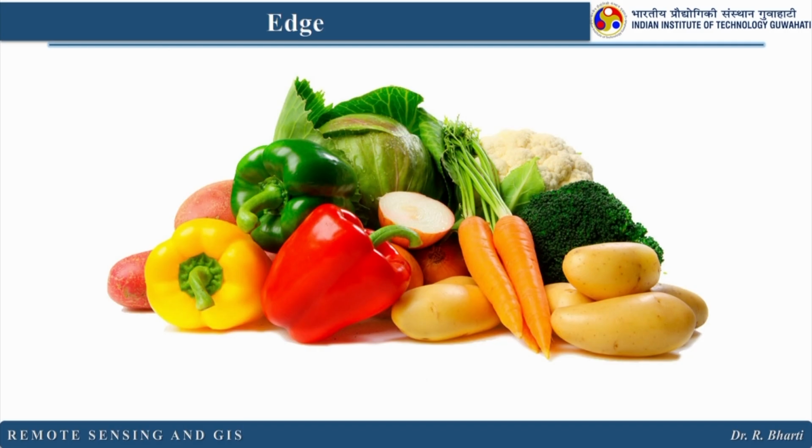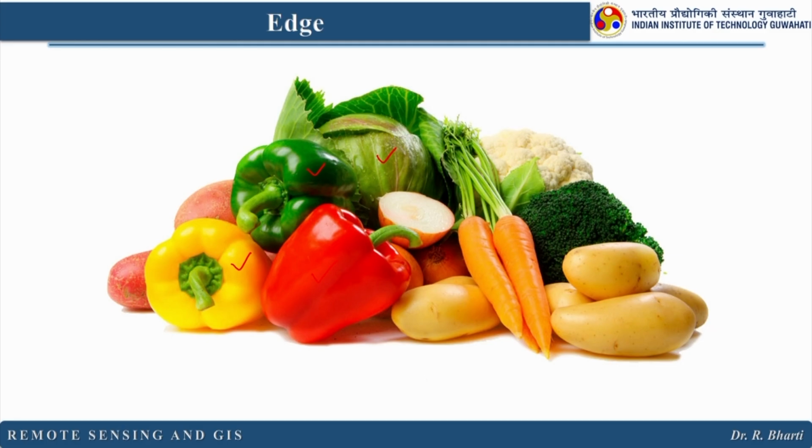Here I have put one very basic image, and we all are familiar with this, right? Here you can see different types of vegetables, with different color and texture. Can you see all these vegetables separately and can you identify them? It is very easy. Why? Because we are able to see these colors and we are able to count them. Why?